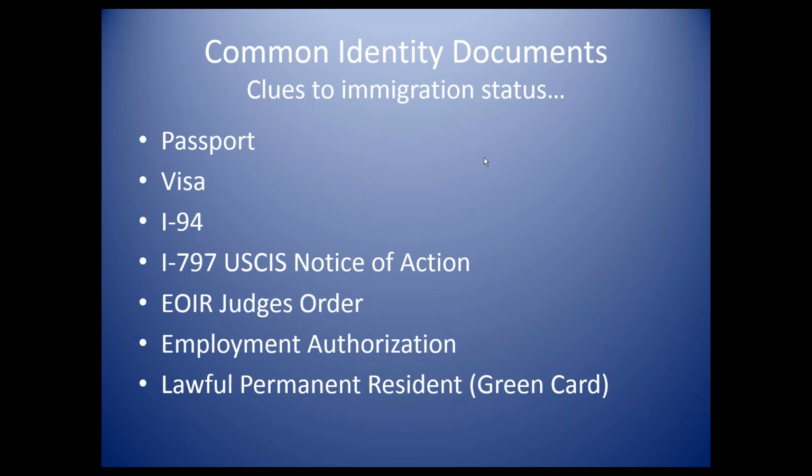Let's continue with common identity documents. The documents you see on the screen are likely the most common ones your immigrant clients will use to come into the food pantry. Some of these are commonplace, and you may have seen them or used them or even have them yourself, but some of the others, the 797 and the judge's order, are maybe a little more obscure.